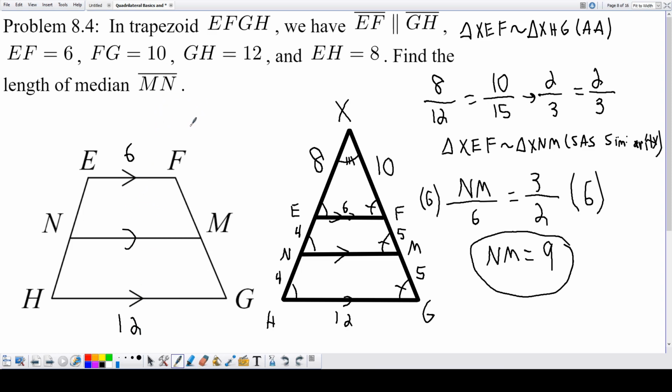Well, what's the average of that? Well, 6 plus 12 is equal to 18. And to find the average, you would have to divide by 2, and you would get 9, which leads us to our answer. So, one of the theorems that we now know about is that if I want to find a median, take the average of the bases of the trapezoid. And this will become very important in the next couple problems.